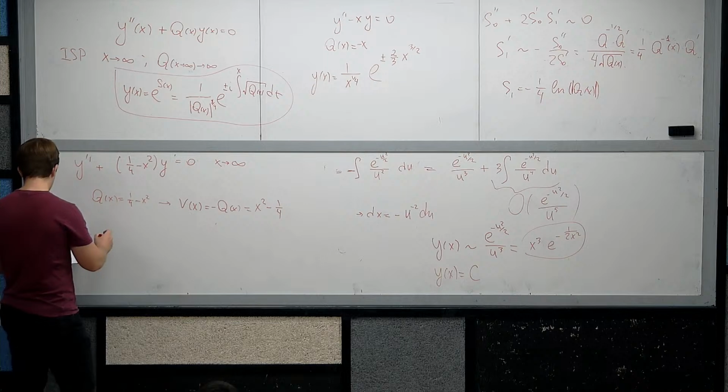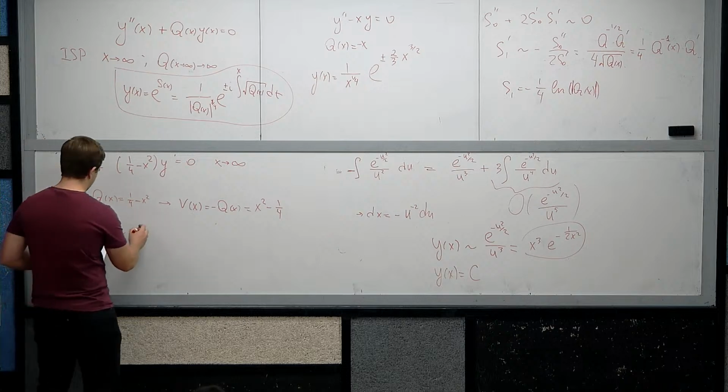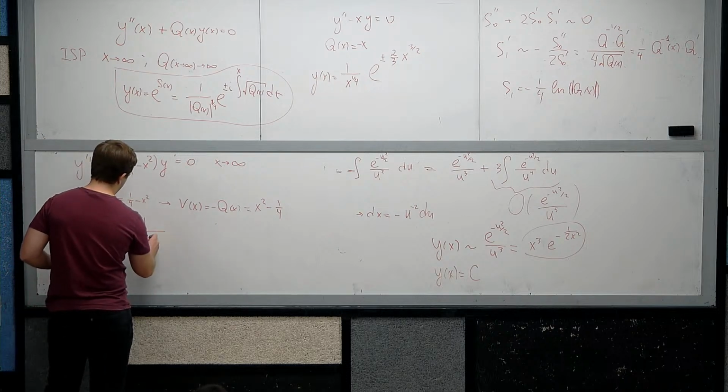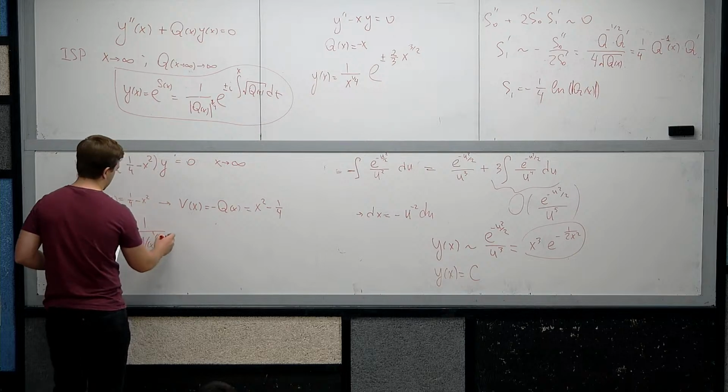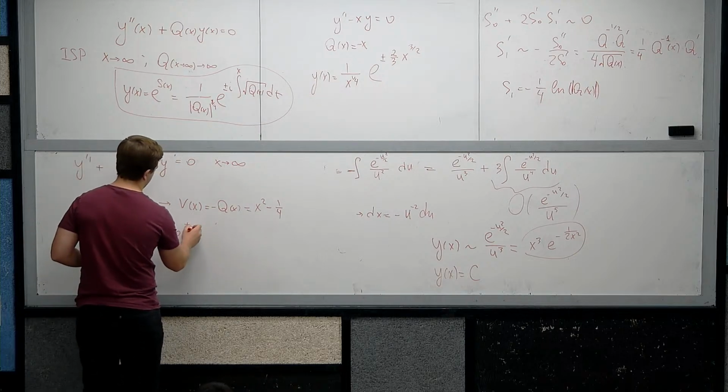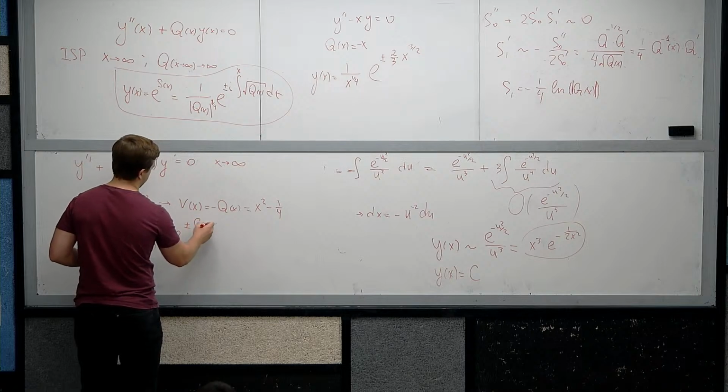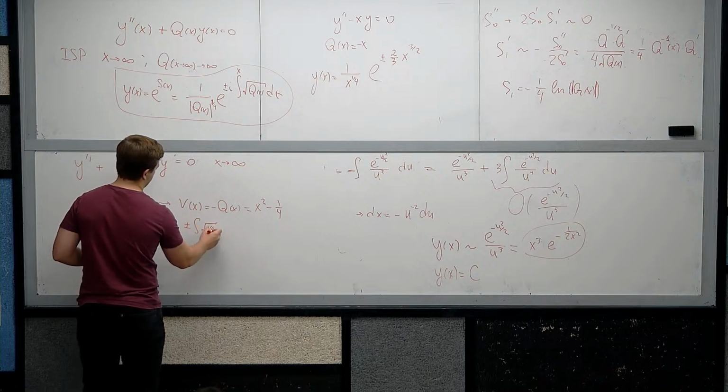So in this case, y of x is asymptotic to 1 over v of x to the 1/4, e to the plus minus integral square root of v of t.